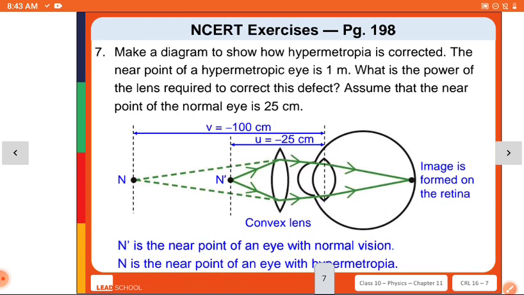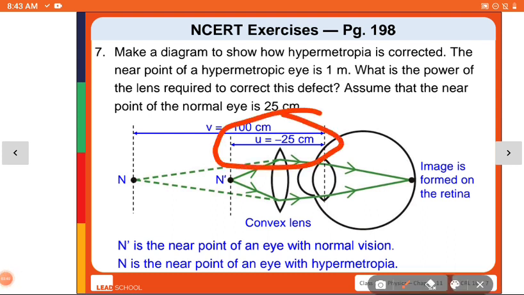According to this question, first of all, the distance of the image is 1 meter, which means 100 centimeter, so we convert 1 meter into centimeter. So v is 100 centimeter and the nearest object is 25 centimeter, which means the object is at 25 centimeter.